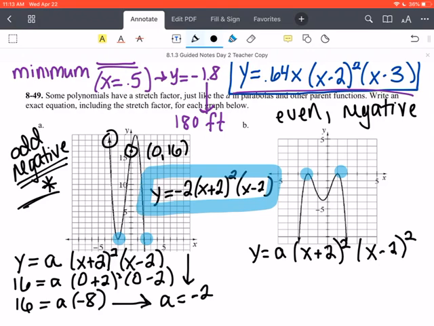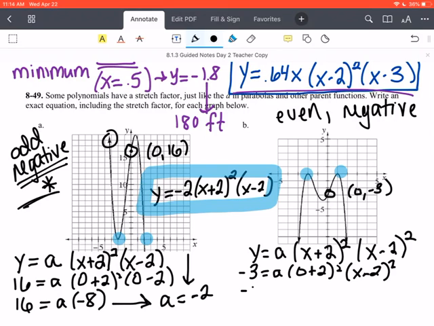Okay, to solve for a, I also see that I have a nice y-intercept again, and it looks like the y-intercept is at negative 3, so I am looking at the point (0, negative 3). So I have negative 3 equals a times (0 plus 2) squared, and then times (x minus 2) squared.